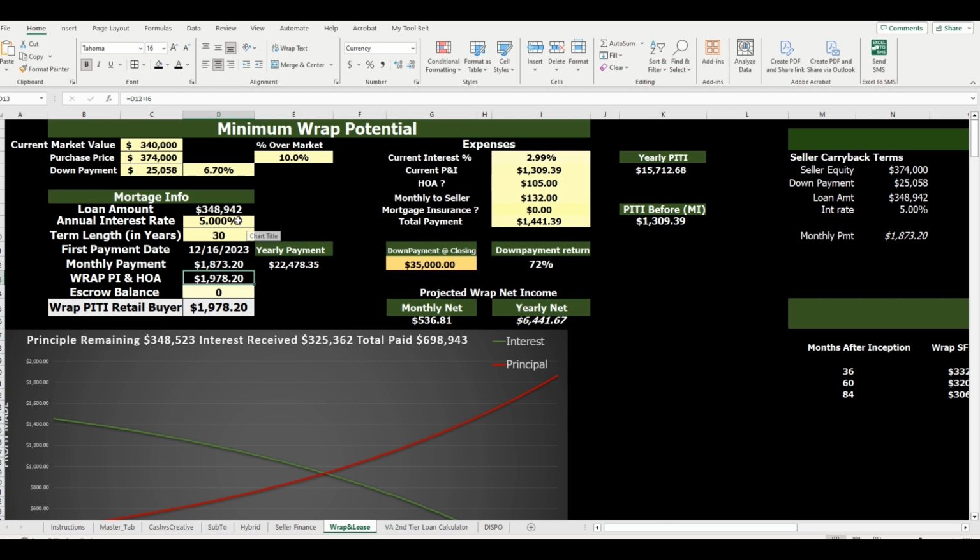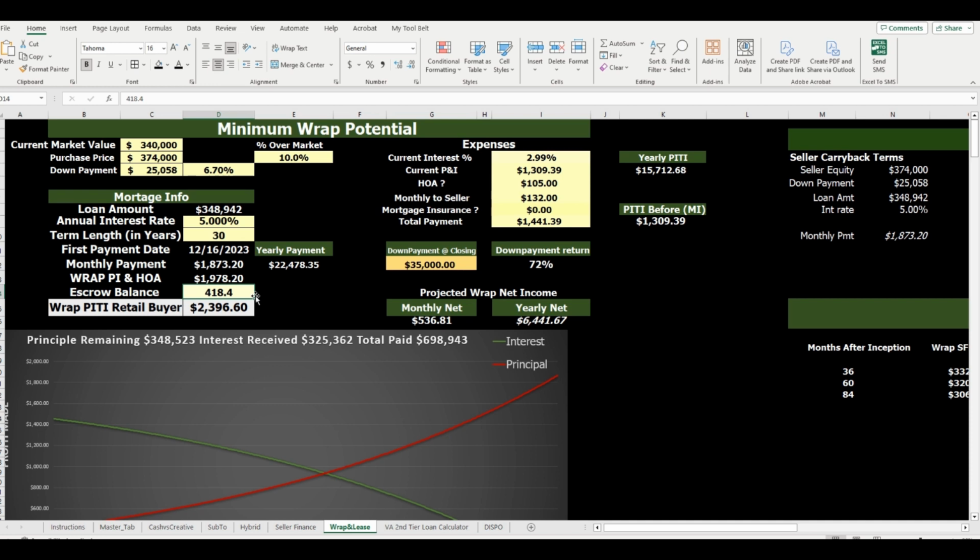Now, before we start messing around with the interest rate here, I'm going to fill in the escrow balance. The escrow balance in this case is going to be the taxes and the insurance on the current mortgage statement that I have at this moment in time. And the escrow balance in this case on that property, the taxes and insurance, is going to be $418.40, and the taxes and insurance is going to be covered by the retail buyer.